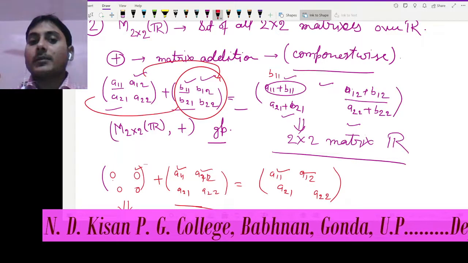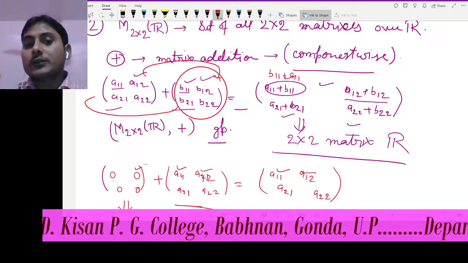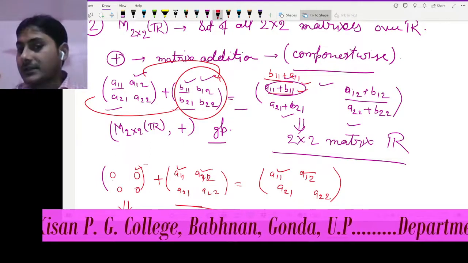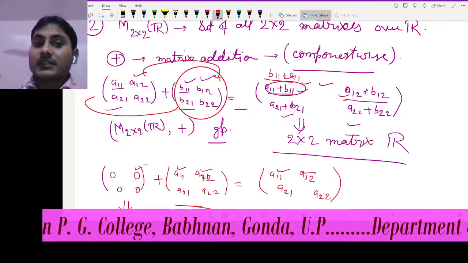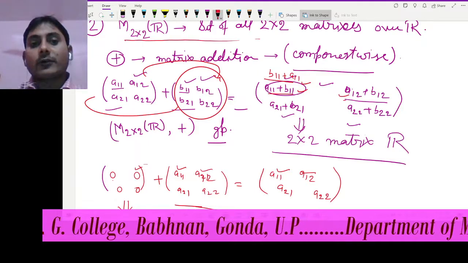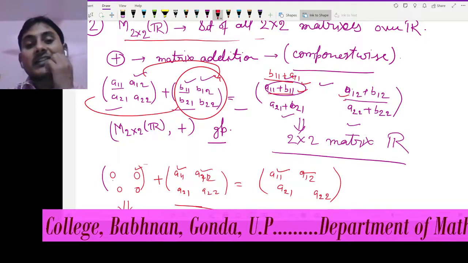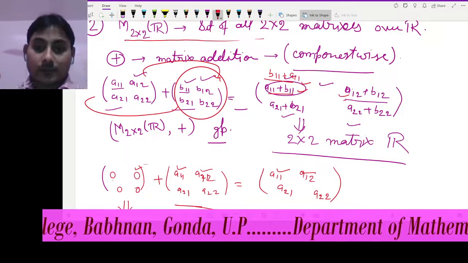You will get here B11 plus A11. These are real numbers, and real numbers can be added in any order, so you will get the same answer. Similarly here also. So it means this particular collection, the set of all 2 by 2 matrices, is not only a group but also an abelian group.